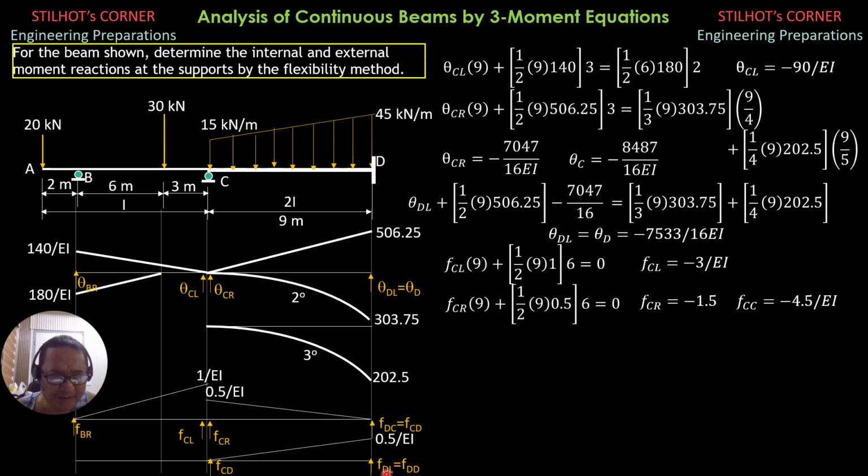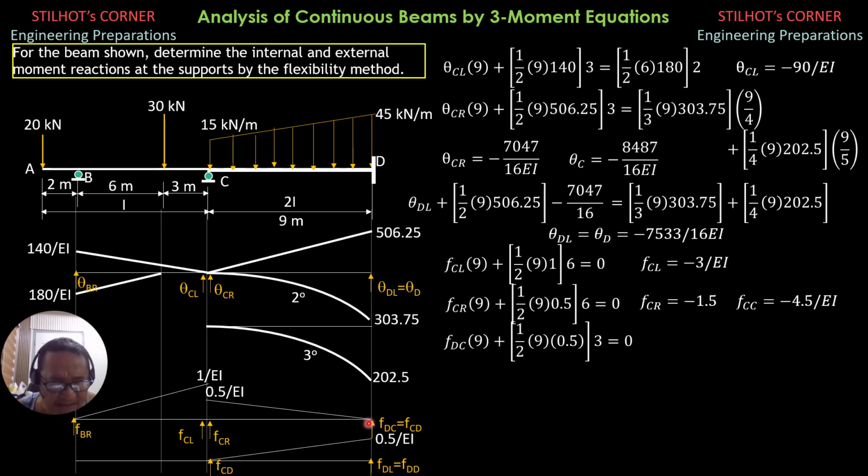Let's solve for FD left, which is FDD automatic because there's only one span here. So summation of moments about the left equals 0. FD left times 9 plus 1 half of 9 times 0.5 times 6 moment arm.